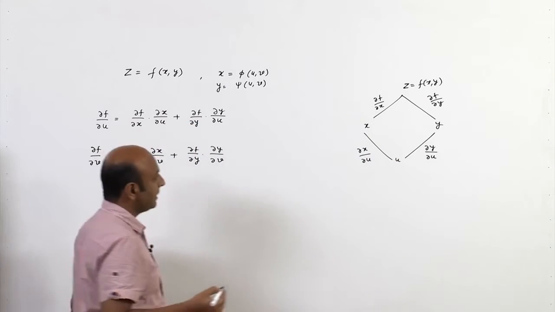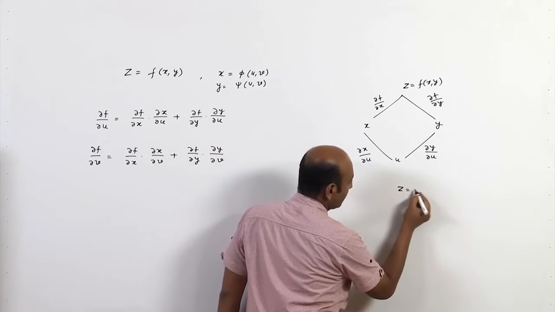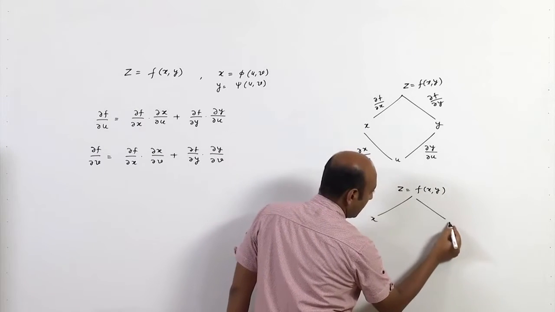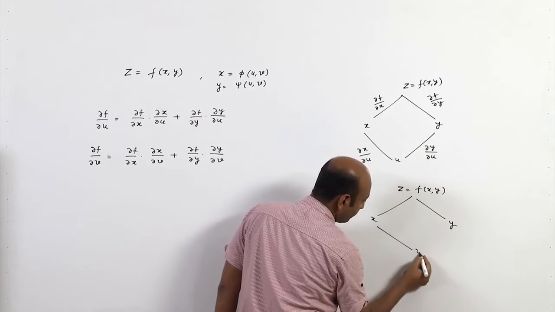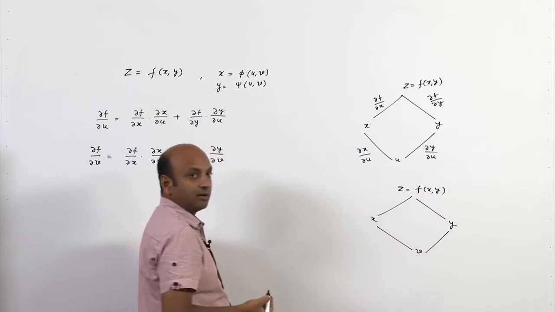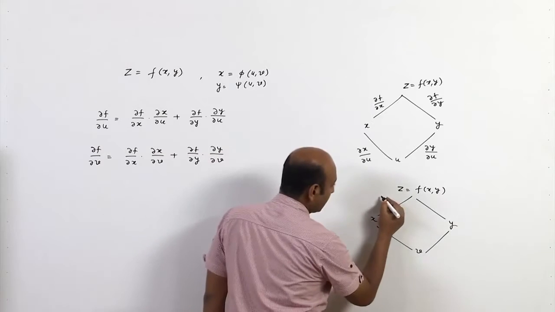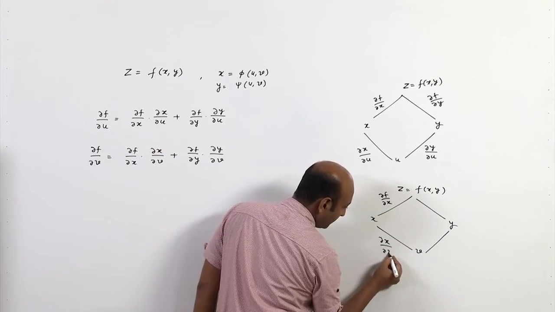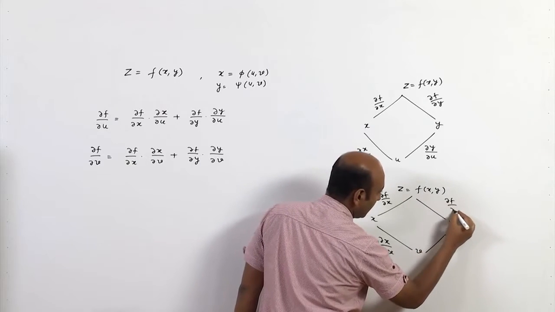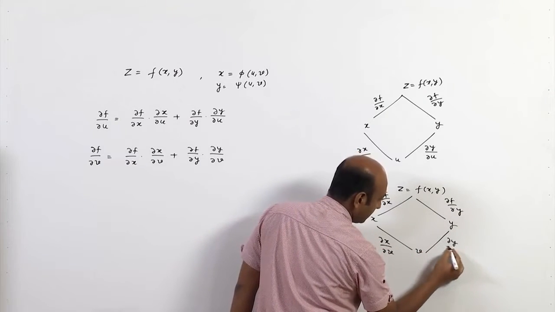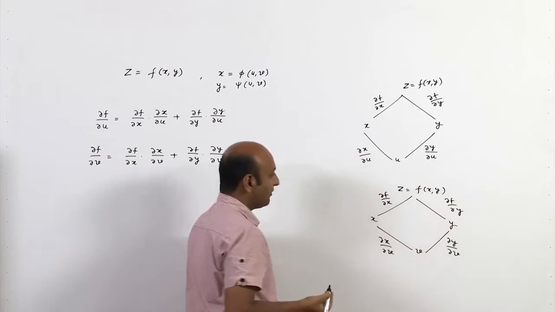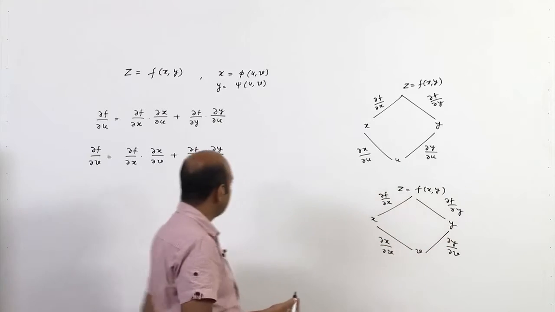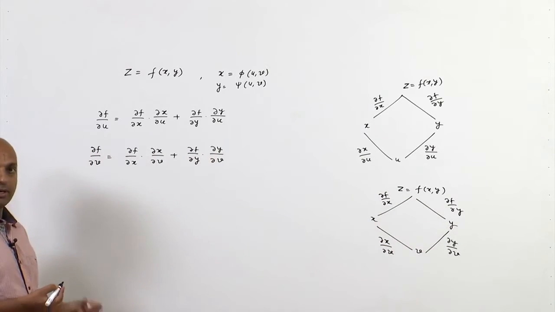Similarly, if we want to compute del f by del v, it is del f by del x, del x by del v, and del f by del y, del y by del v. So del f by del v will be this into this plus this into this, that is this term.